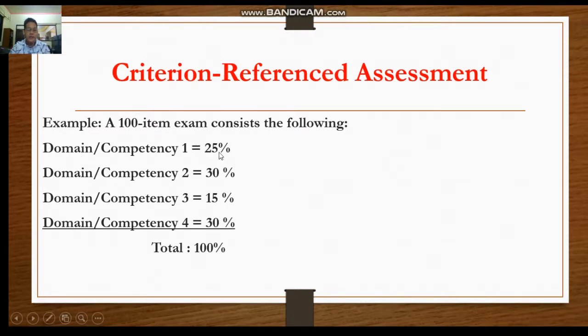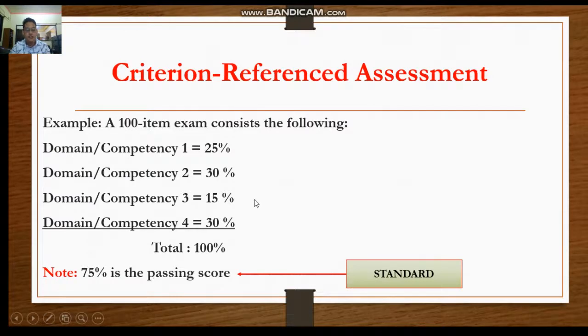Say for example, in domain 1 or competency 1, we have 25% of the 100 item exam. Domain 2 is 30%, domain 3 is 15%, domain 4 is 30% for a total of 100%. Now, our standard here is a 75% passing score.